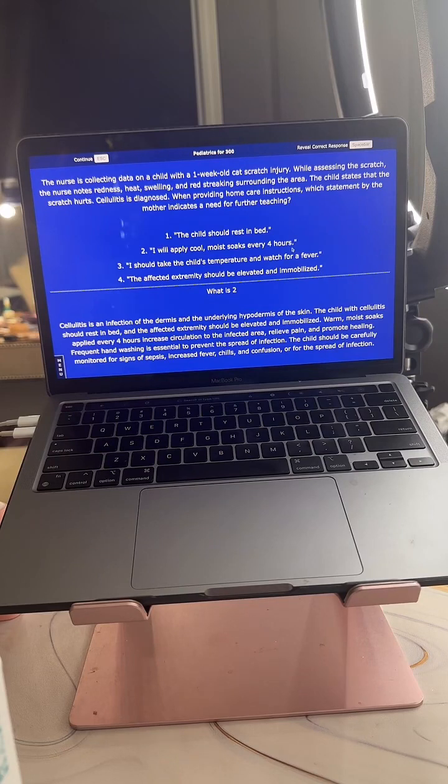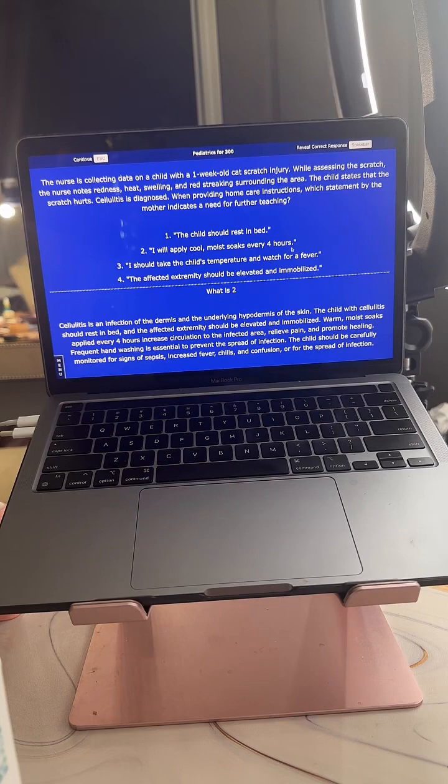So it says cellulitis is an infection of the dermis and the underlying hypodermis of the skin. Remember our layers of the skin. The child with cellulitis should rest in bed, and the affected extremity should be elevated and immobilized. So 1 and 4 are actual home care instructions. If the mother would have said 1 or 4, she would have shown a clear understanding of the instructions.